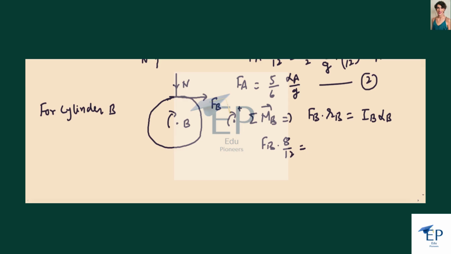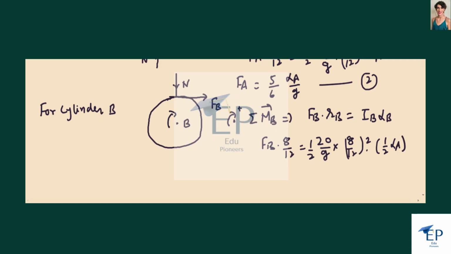Moment of inertia: its weight is given 20, so 20 by g into half mr square, so radius is 8 by 12 square into alpha B, and it is half of alpha A from equation 1.